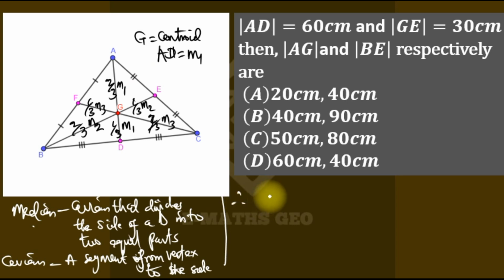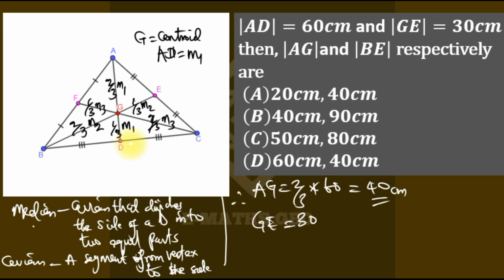Therefore, we are looking for AG. AG is 2/3 M1. Our M1 is AD, that's the total length, which is 60. So I have 40. And they say GE is 30. But from here we see that GE is 1/3 M2, and M2 is BE.